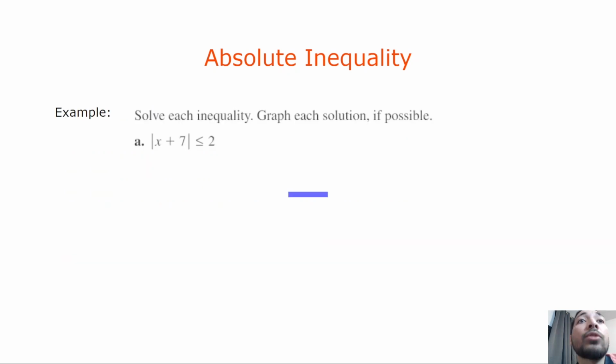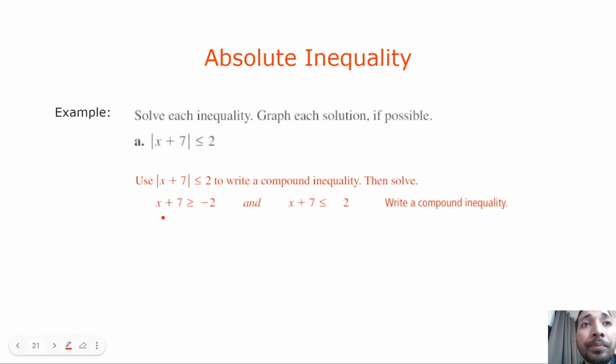Now let's try to solve this problem over here. We have absolute value of x plus 7 less than or equal to 2. Now we know that this is the less than or equal to inequality, so we'll apply AND relationship.